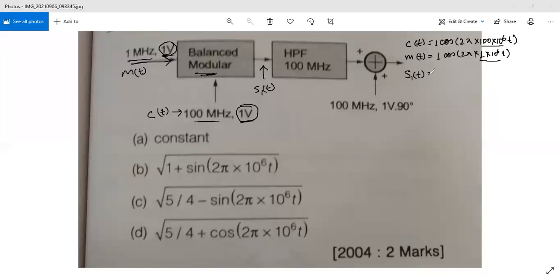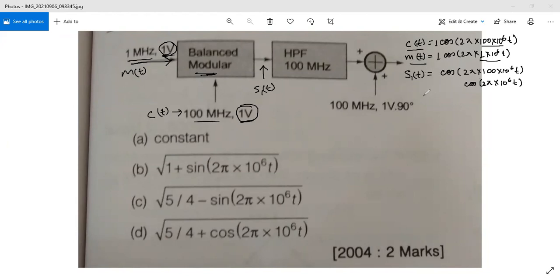We will get this as cos of 2 pi FC t, meaning 100 into 10 to the power 6 t, into cos of 2 pi into 10 to the power 6 t. So we have c(t) into m(t).